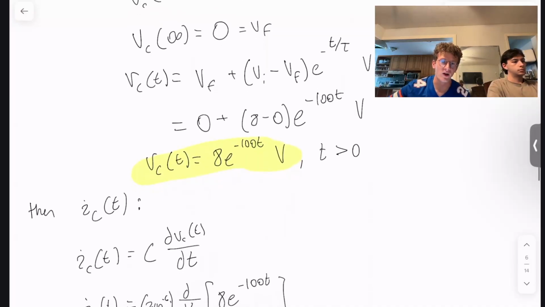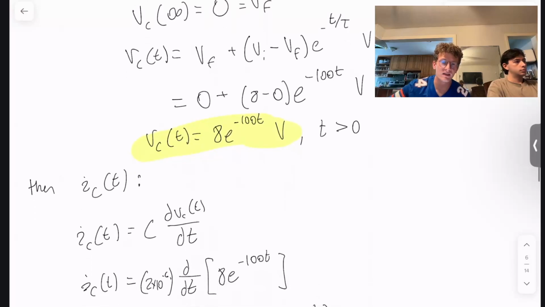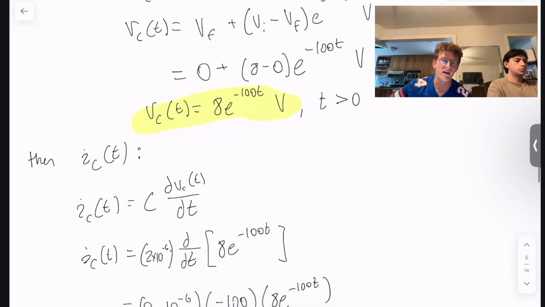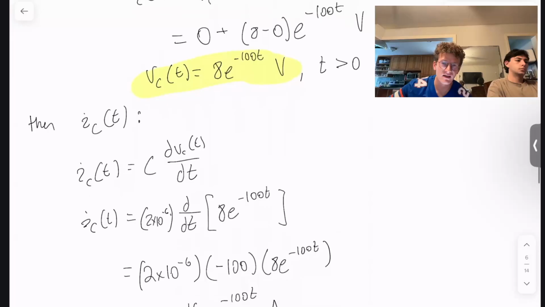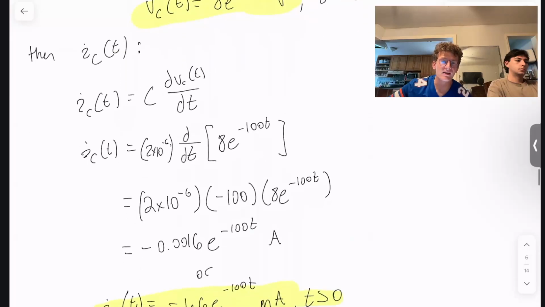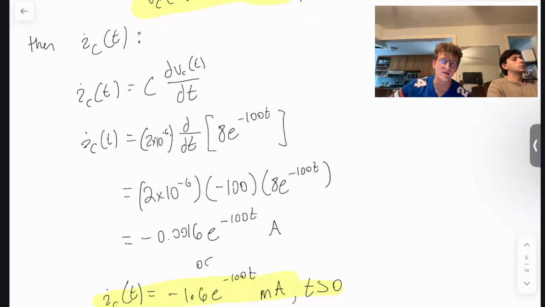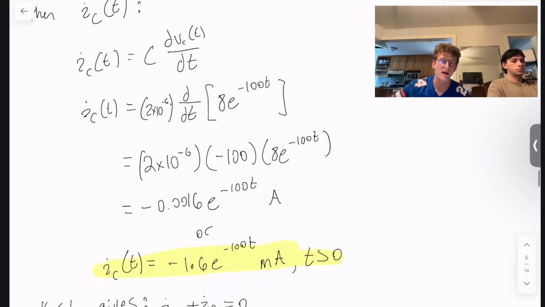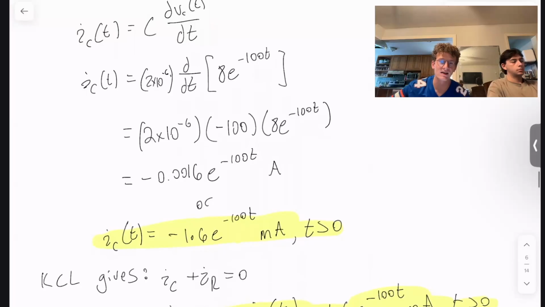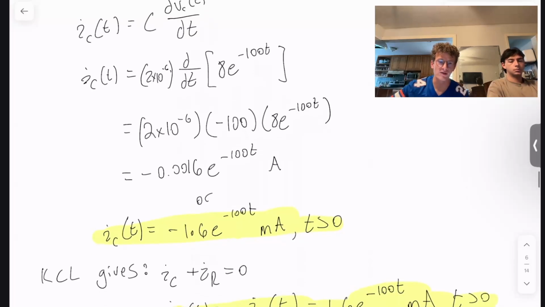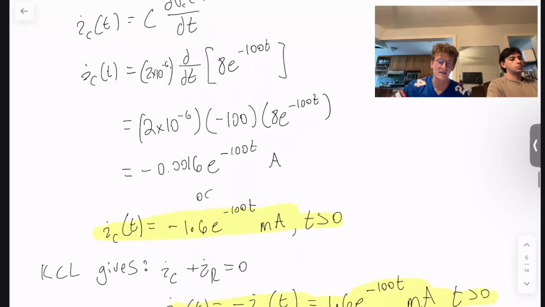So if we plug in our equation for V sub C of t and take the derivative of it with respect to t, we get negative 0.0016 e to the minus 100t amps, which we can rewrite as negative 1.6 e to the minus 100t milliamps. So that gives us our equation for I sub C of t after the switch is opened.